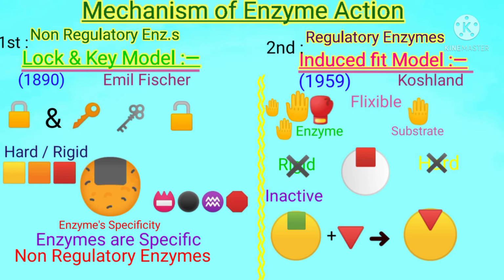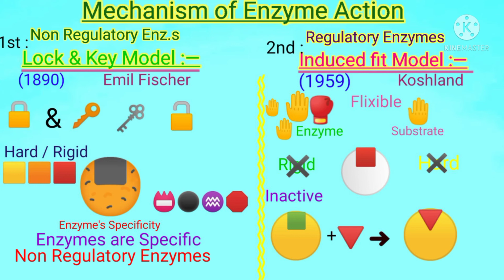Therefore, the enzymes do not perform their jobs on their own, but they receive signals and perform their functions according to these signals. So those enzymes which perform their functions under the body's check and balance are known as regulatory enzymes.